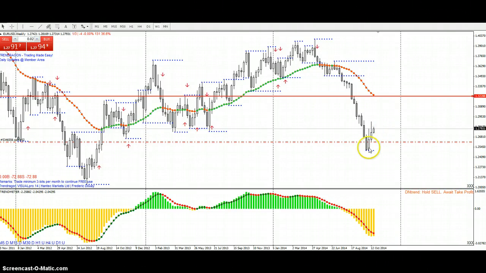That correction, if we look on the weekly chart, can go all the way to the trendragon trend line, and that would actually be the 50% retracement from the high of this move up.